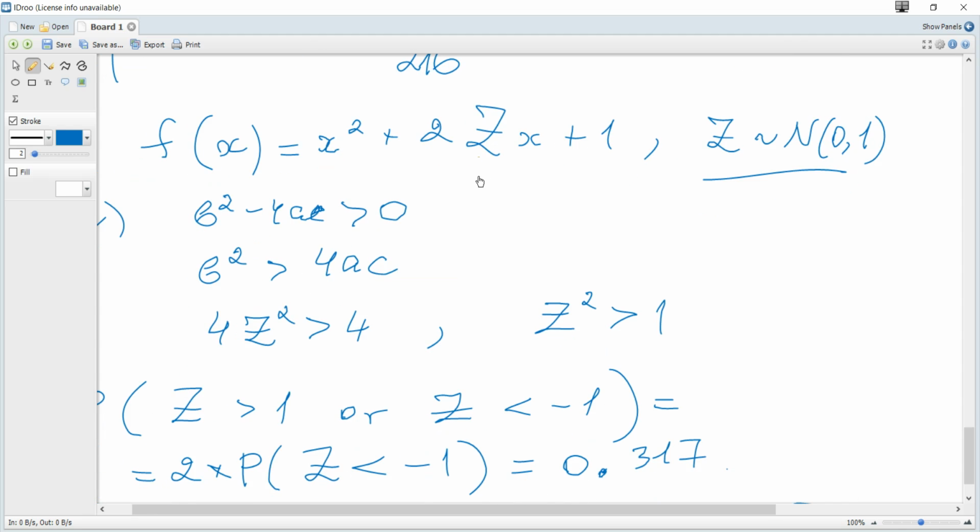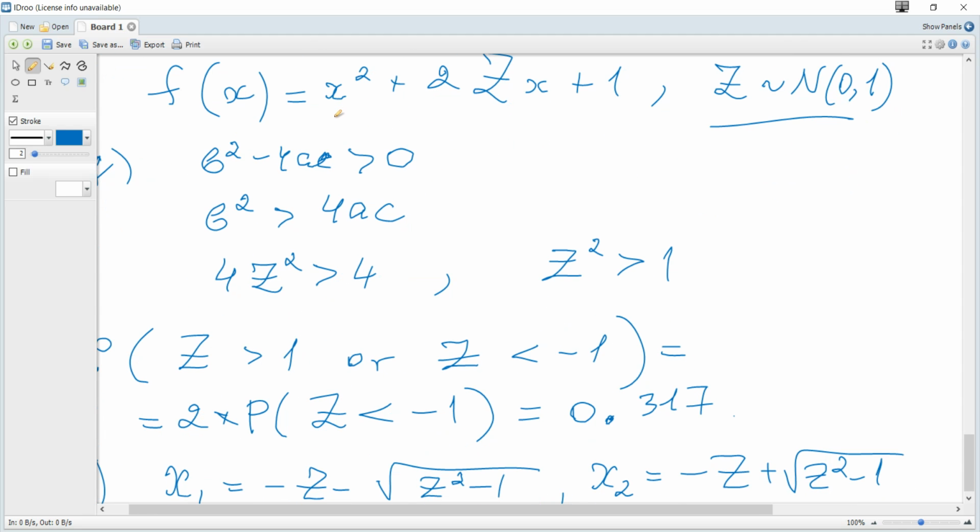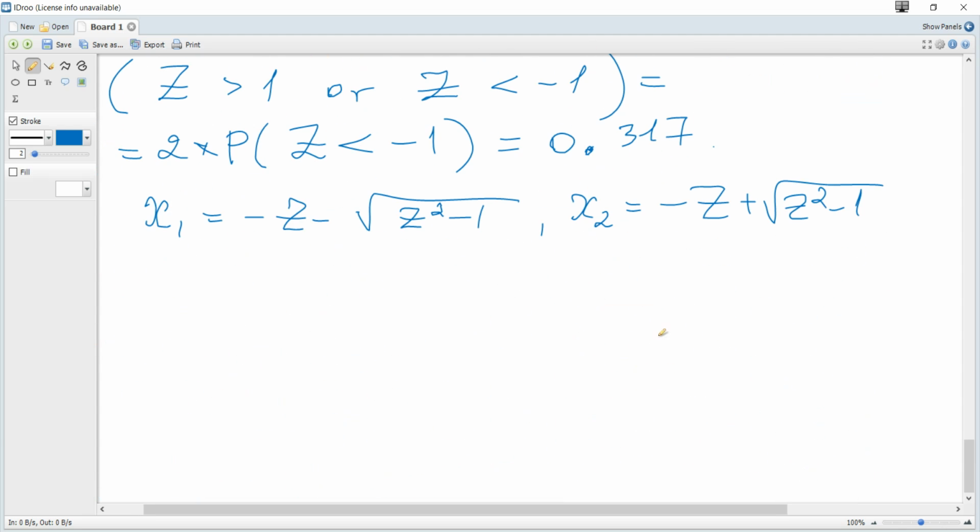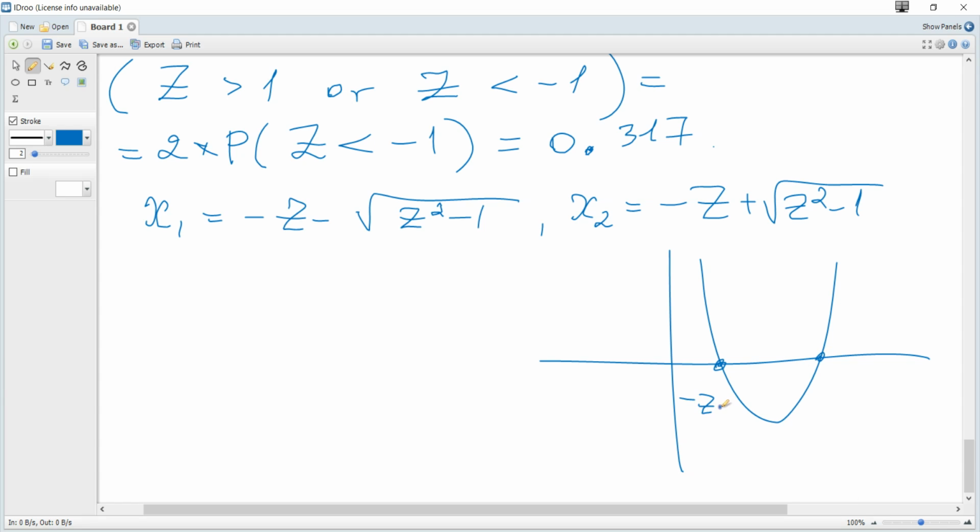So it's a concave up parabola, and there are two roots. One is negative z minus the root, and another is negative z plus the root. The first is smaller, so to the left, and both need to be greater than 0.5.